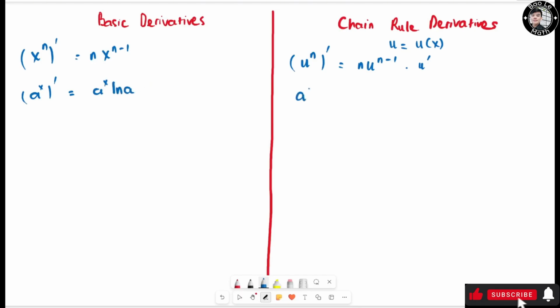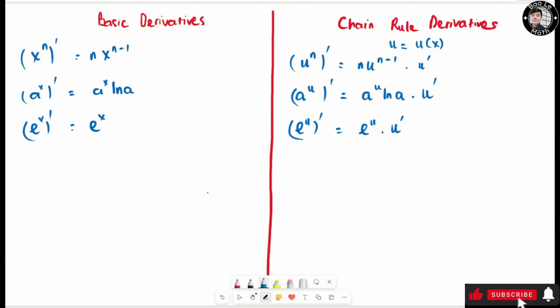Now (a^u)' is going to be a^u ln a times u'. Now (e^x)' is going to be e^x. (e^u)' is going to be e^u times u'.